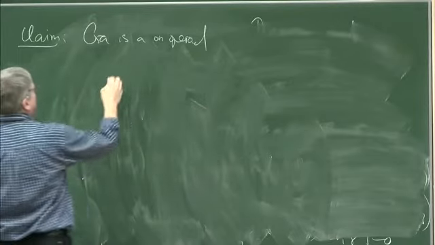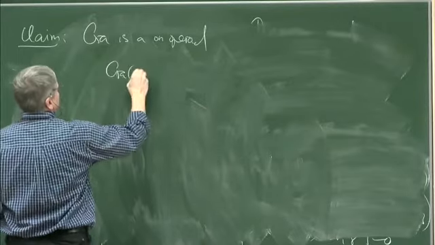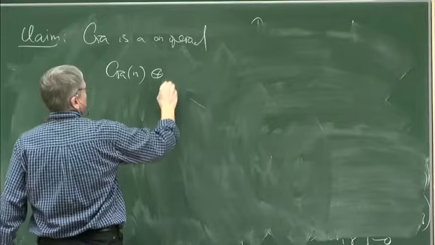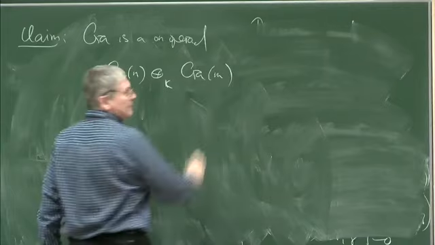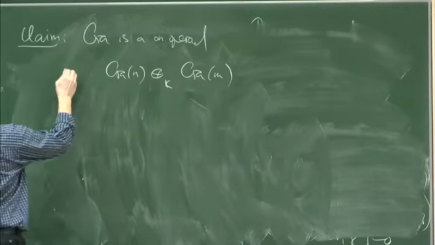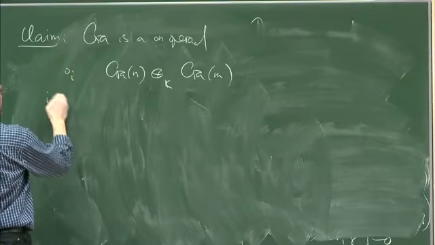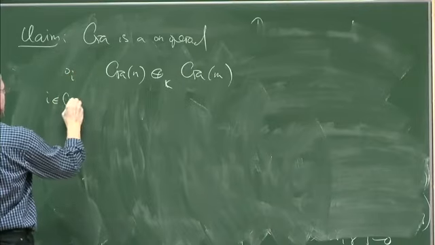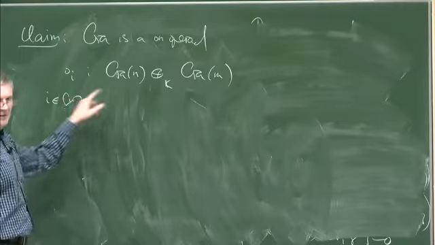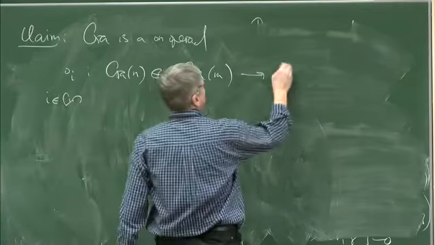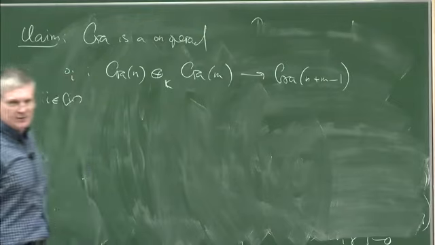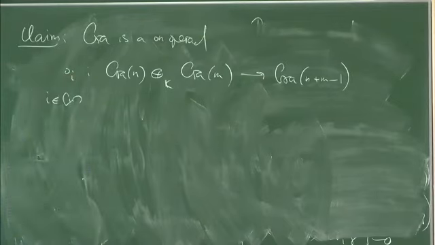Therefore, I take gra n, I take then the product over the field I'm working with gra m, and I need the composition for any i in n. I have to define a map to gra n plus m minus 1, which satisfies some axioms.